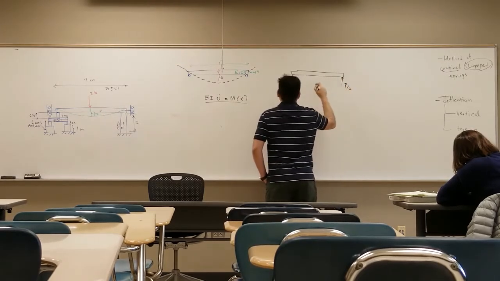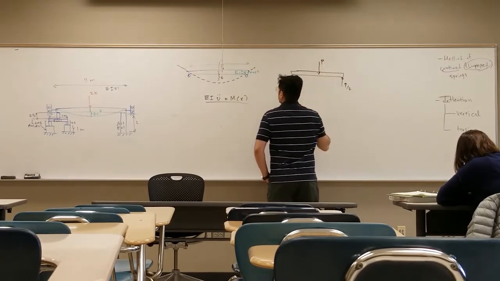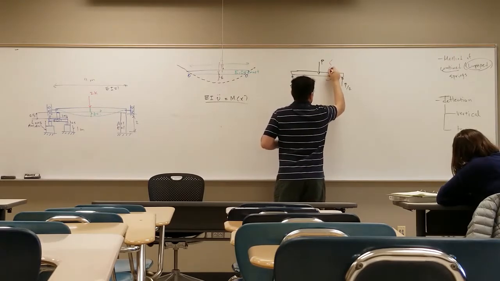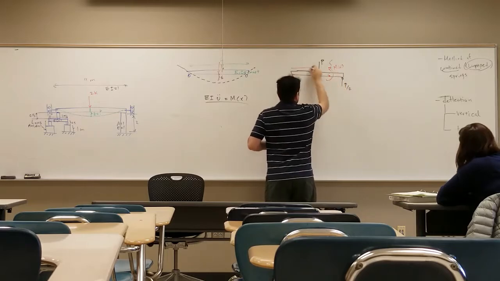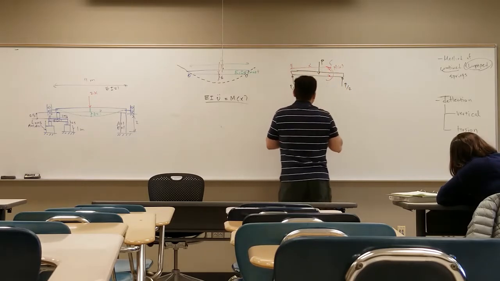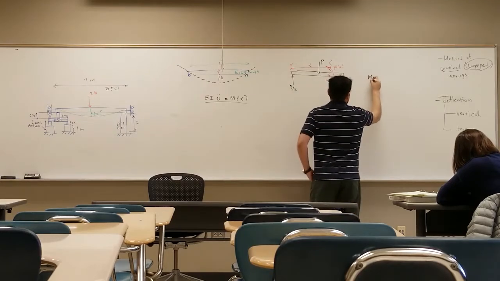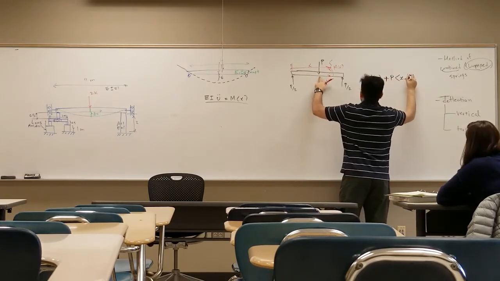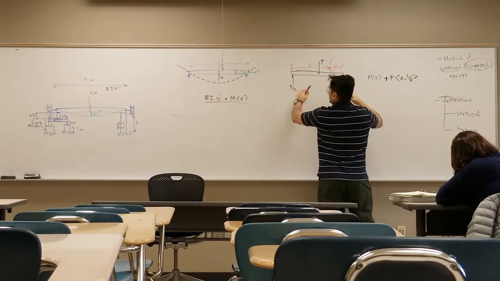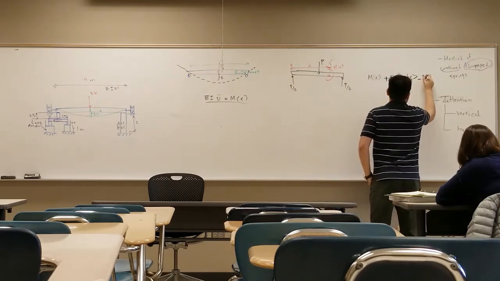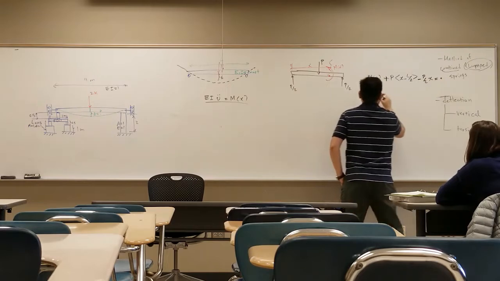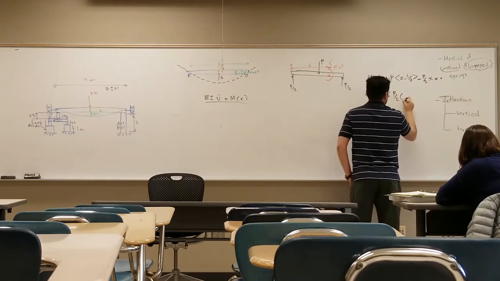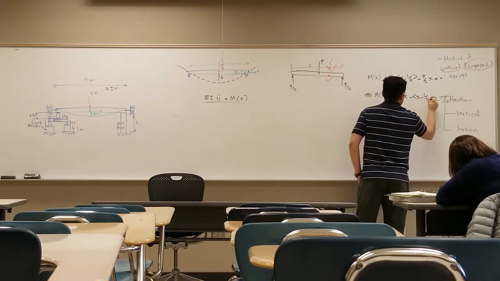Then M(x) from the left: I write the moment at that point, plus P times the distance, x minus L over 2, minus P over 2 times x is equal to 0. That means M(x) is equal to P over 2 x minus P times (x minus L over 2).